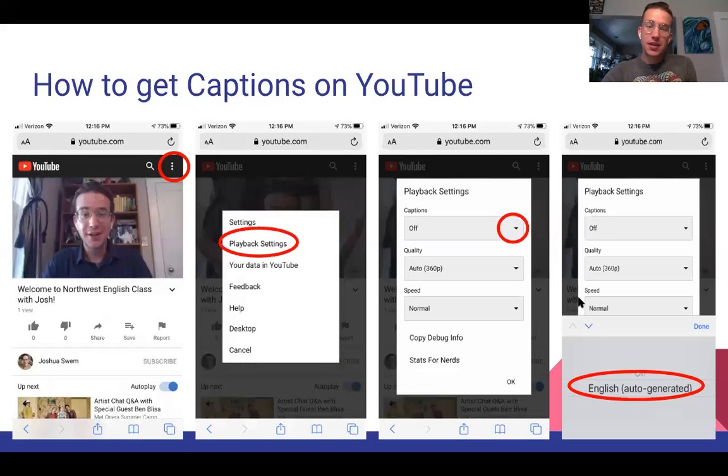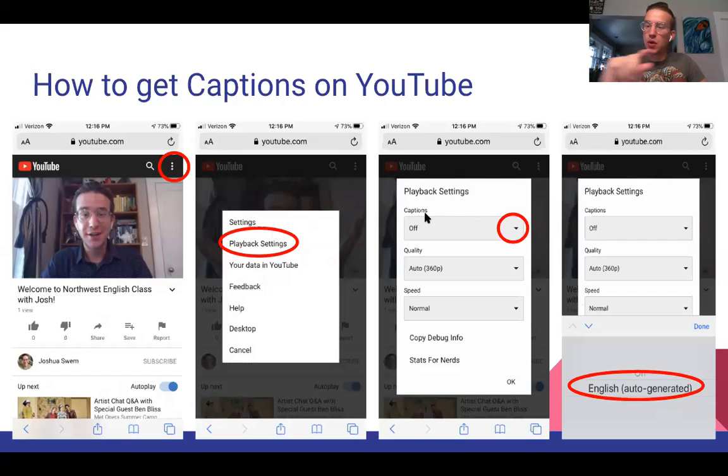Okay, so if you have not already, you're already on YouTube, so go ahead and do this. If you're on a phone, go to the 3 dots at the top of your YouTube, the menu, click on playback settings. Then under playback settings, you'll see it says captions.